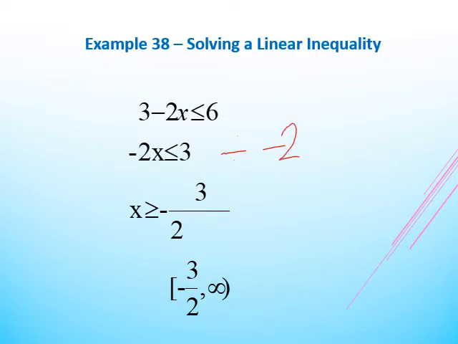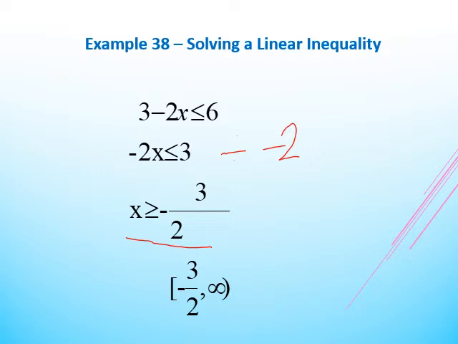When multiplying or dividing both sides by a negative number, we should change the direction of the inequality. Take care with this point, it's the most important thing in inequality solutions. Don't forget, if you multiply or divide both sides by a negative number, you should change the direction of the inequality. So dividing by negative 2, we get x greater than or equal to negative 3 over 2.